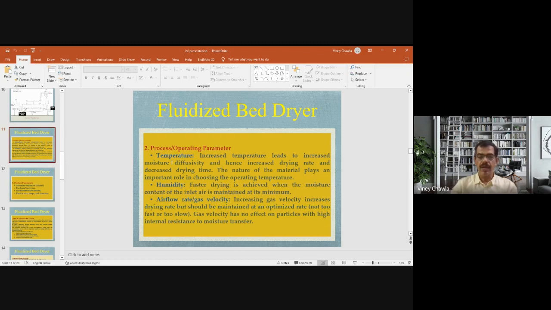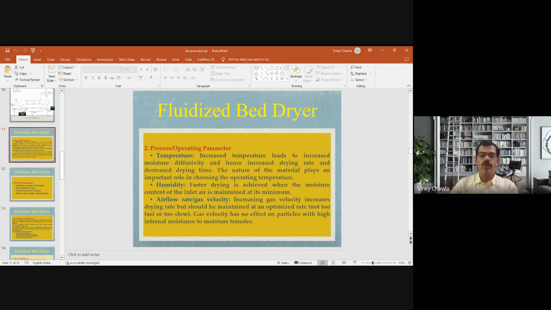Similarly, if the entering air has high humidity, it will not be able to carry more moisture from the product that is to be dried, or granules which are to be dried. So if air is unsaturated with moisture, it will have the capacity to absorb more and more moisture.